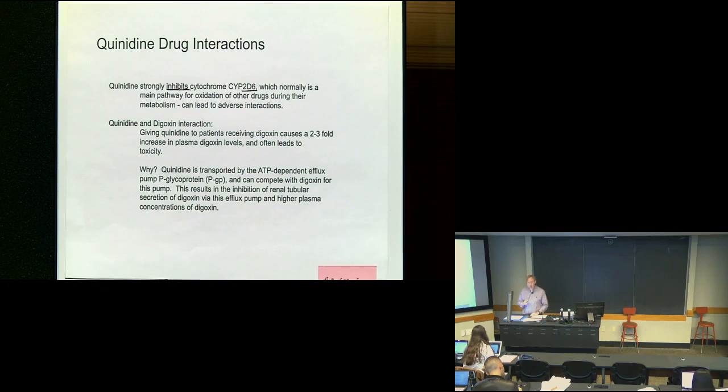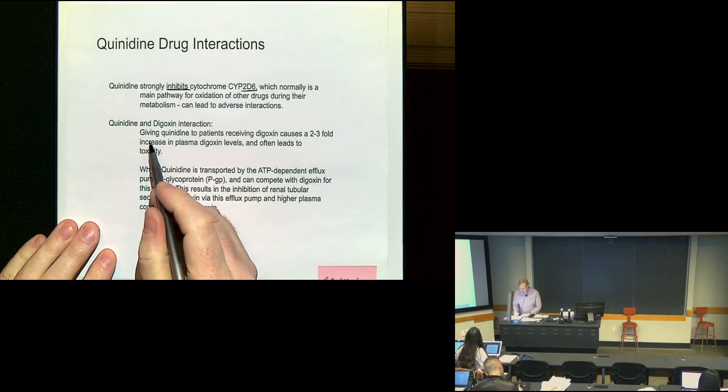There's a particular one because digoxin is often used in similar clinical conditions, so it actually has another drug-drug interaction with digoxin that's a little bit different. We'll cover medchem of digoxin a couple lectures later.